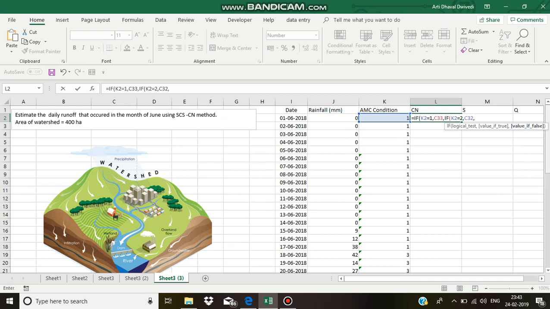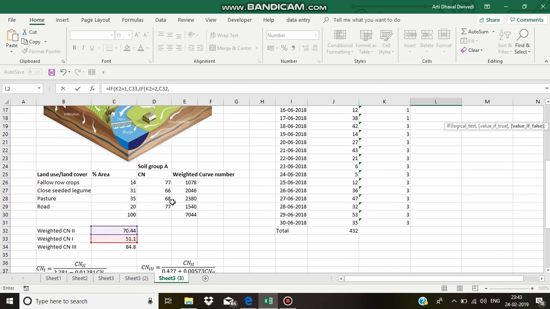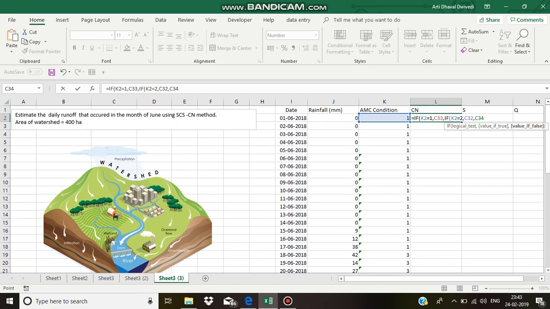Otherwise, use the curve number 3 value. That's it. Let me complete the bracket.